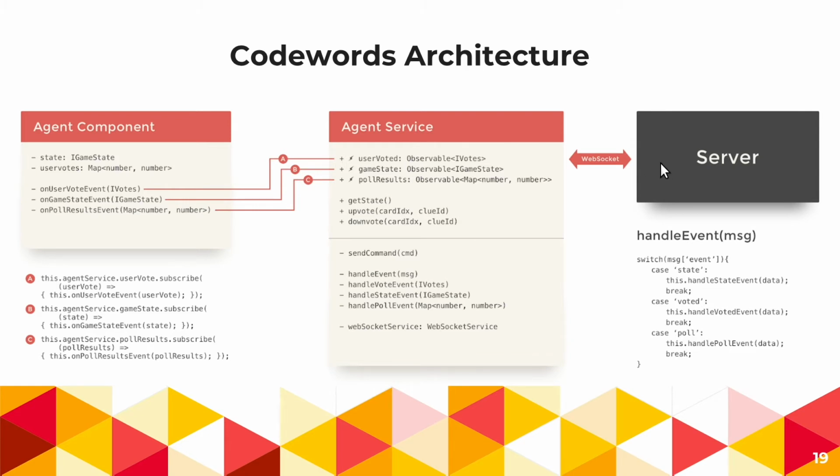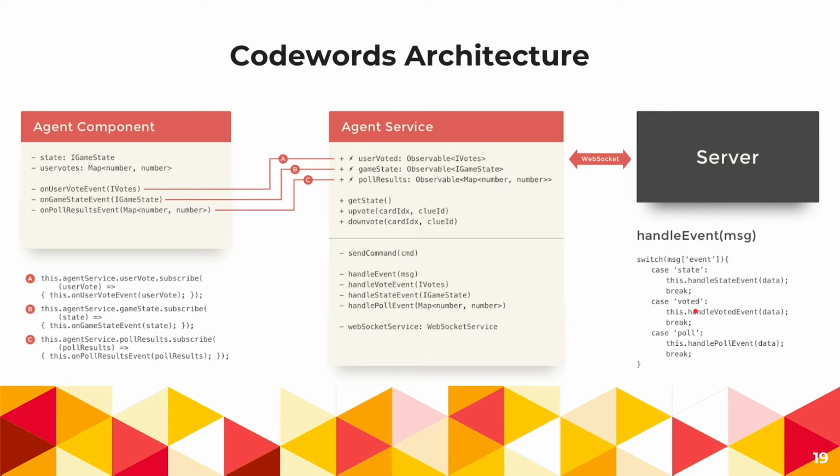The server then processes commands received from the client, and then it has the ability to send 3 different types of events back to the client. The server can send game state events, which is things like which cards have been revealed, the current score.